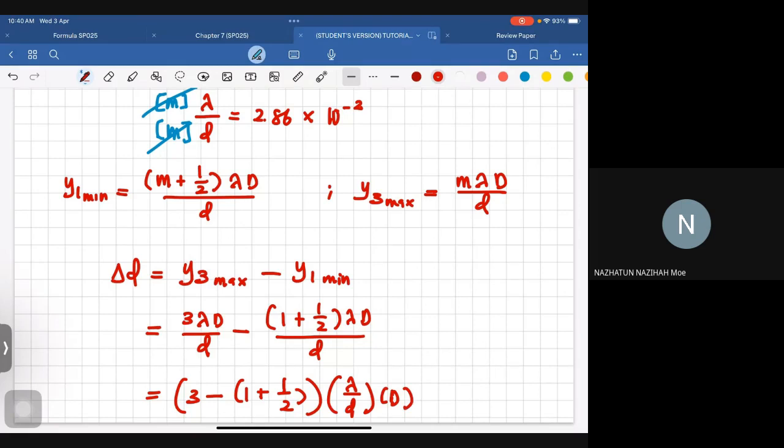Okay, this one saya follow answer scheme. Okay, so kamu akan dapat delta D 4.29 centimeter. So that's the distance between the third order maximum and the first order minimum lah. Okay, boleh faham?